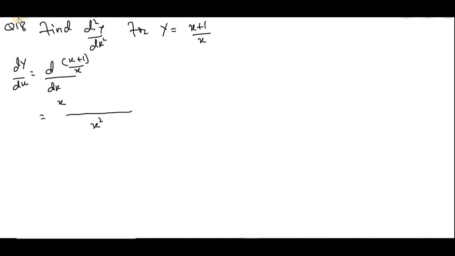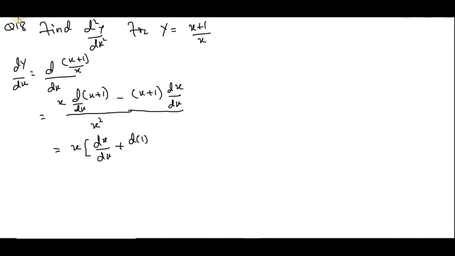Now applying the division rule, x times d by dx of x plus 1, minus x plus 1 times d by dx of x, all over x square. So we obtain x.